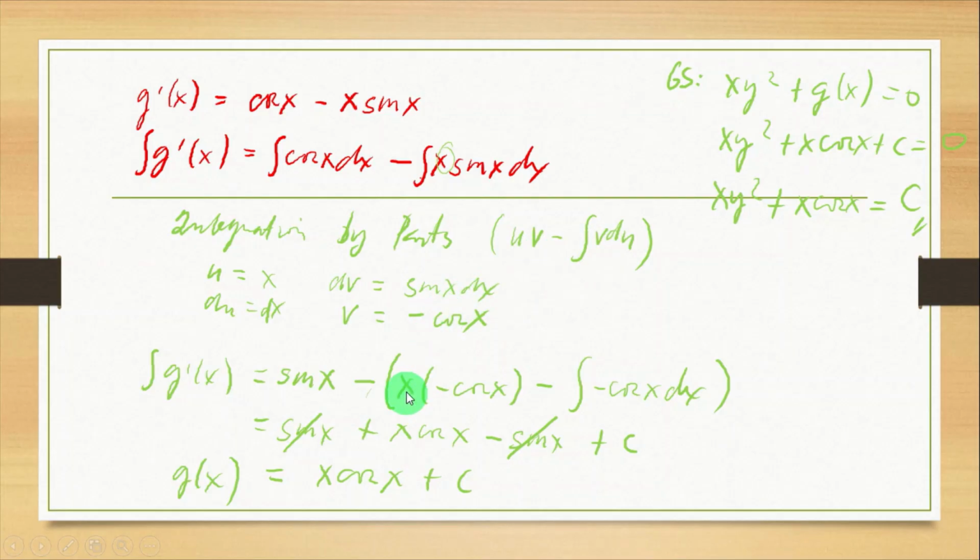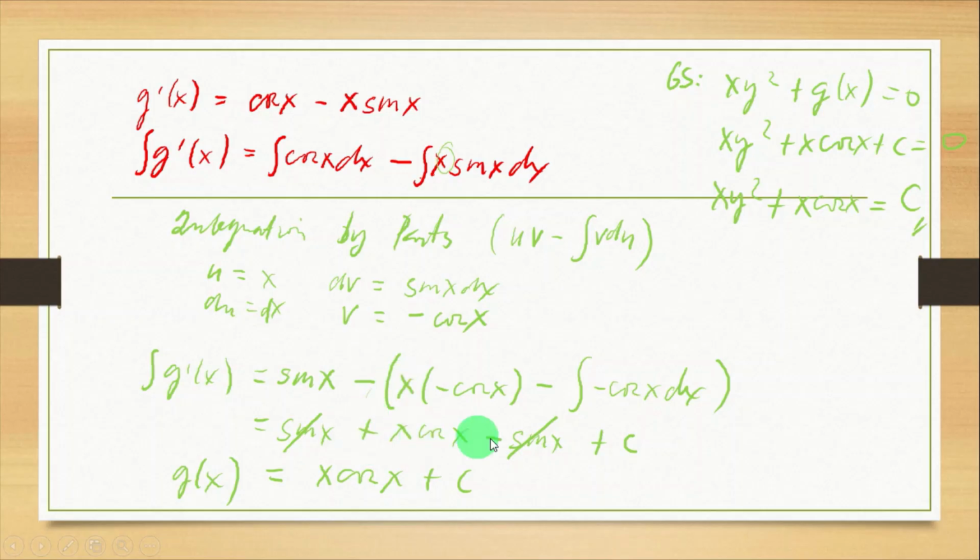So our u here is x times your v, that's negative cosine of x, minus the integral of v, that is negative cosine of x dx. Then after that, we have sine of x plus negative 1 multiplied by negative cosine x, that will give you positive cosine x. And of course, you have your x here.